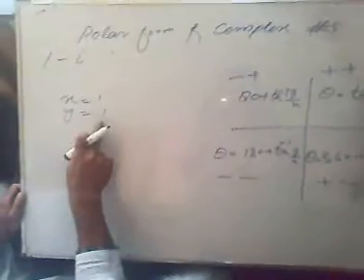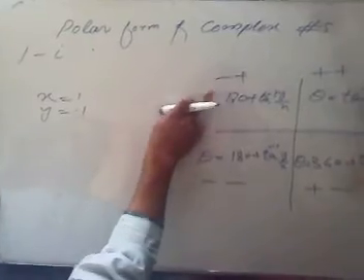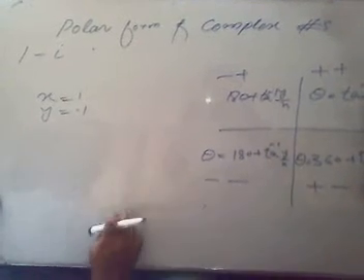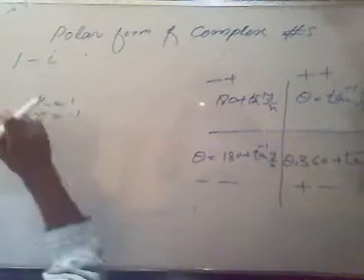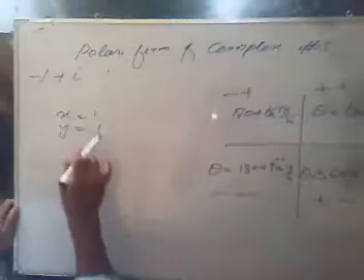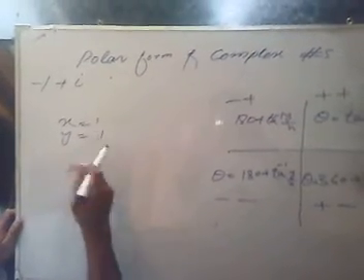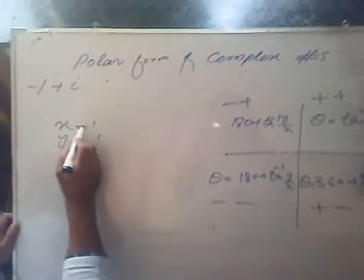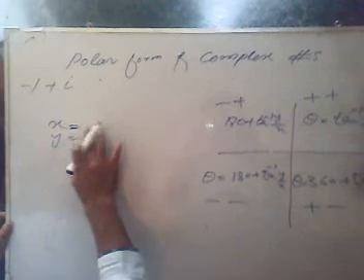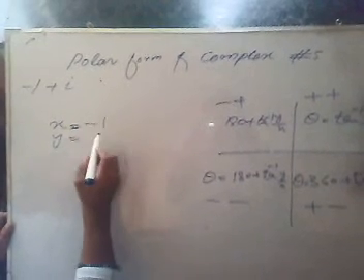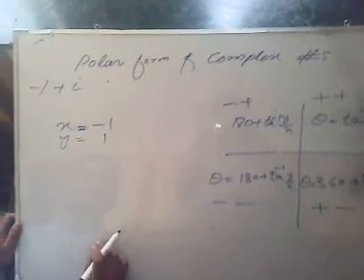This is the positive negative case, so it lies in the fourth quadrant. I think I should solve minus 1 plus iota instead, so that it lies in the second quadrant. We will just go in order so that there is no misunderstanding. So this is minus 1 and this is plus 1.